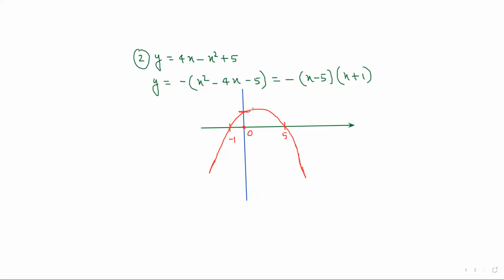And this is 0 comma c, so I think this will be 0 comma 5. Okay. So that is the final curve of this parabola. I think this is clear to all. Any doubt? No, sir.